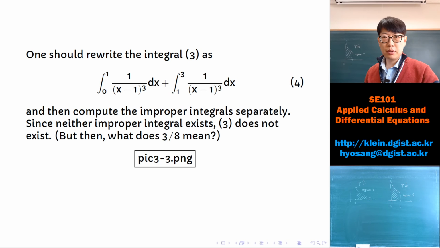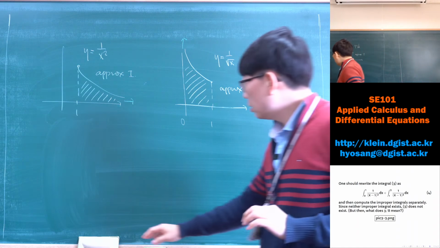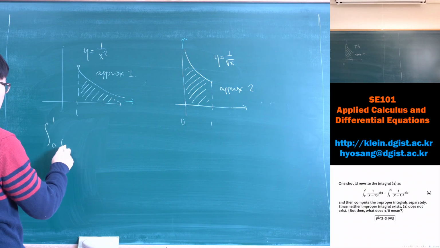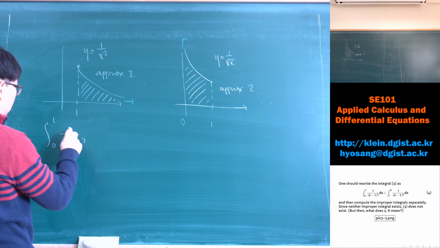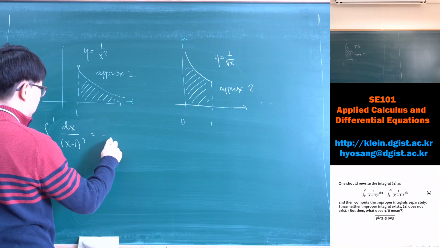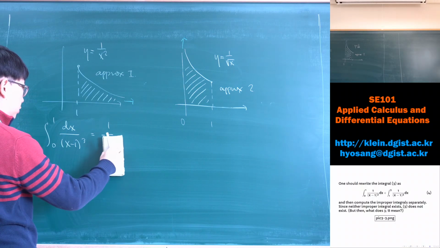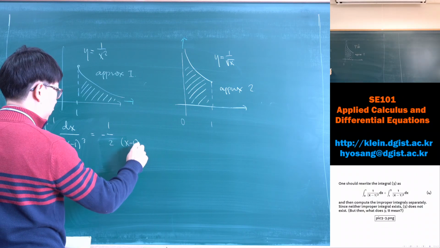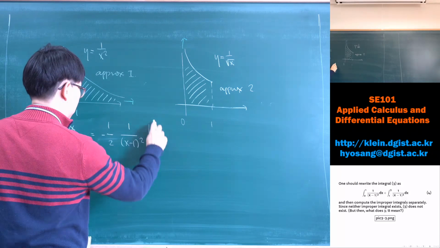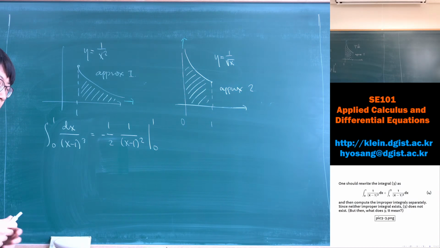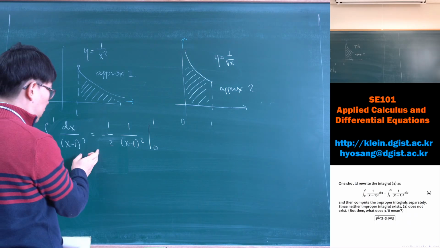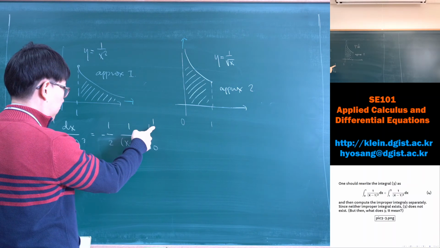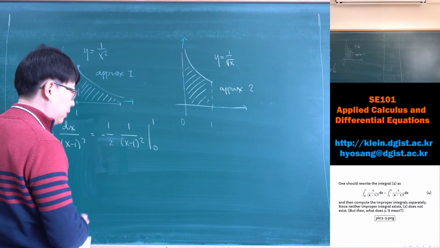So for example, you have the integral from 0 to 1 of 1 over (x minus 1) cubed dx, and that equals negative 1 over 2 (x minus 1) squared, evaluated from 0 to 1. Now, in principle, I have to take the limit of b and send b to the left-hand side of 1 and see where the limit goes.